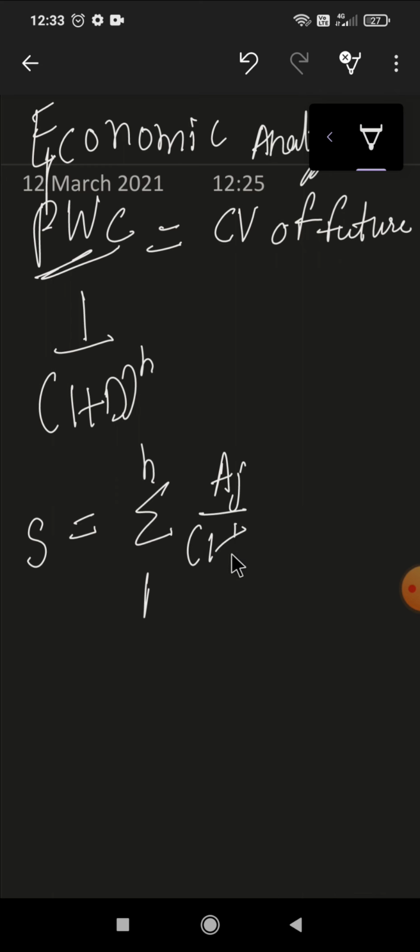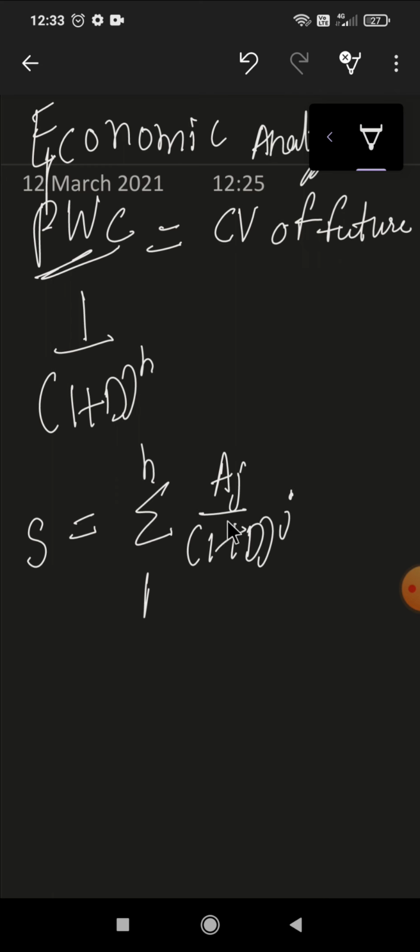So we have seen that the sum of the present worths is given by sigma j from 1 to n of aj upon (1 plus d) raised to j.